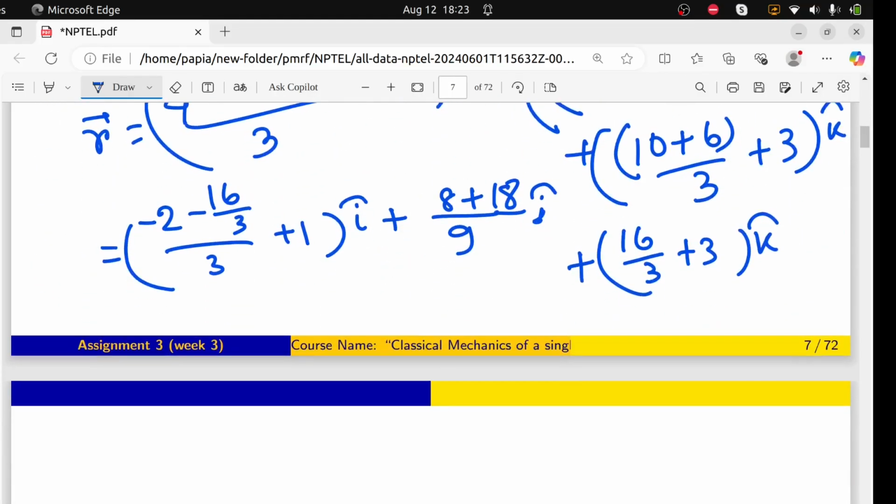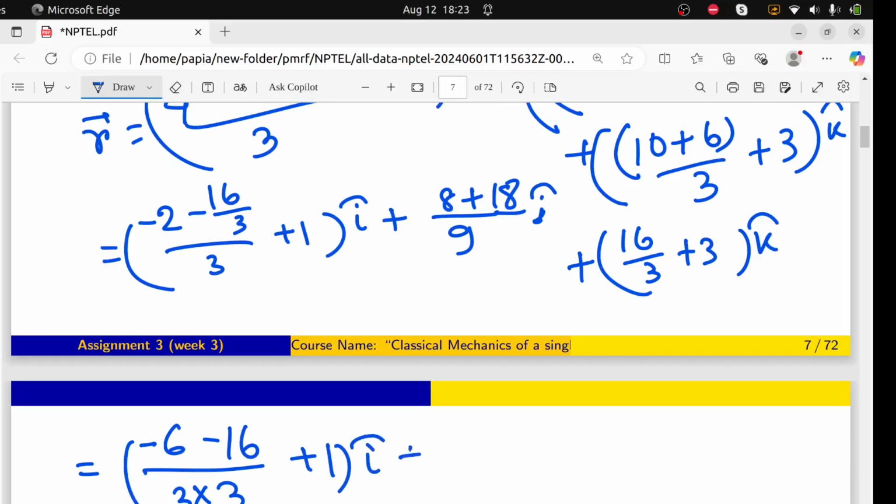So this will be my r vector. If I calculate these things, then it will be minus 6 minus 16 plus 1 i cap, then 26 by 9 j cap, plus 16 plus 9 k cap.